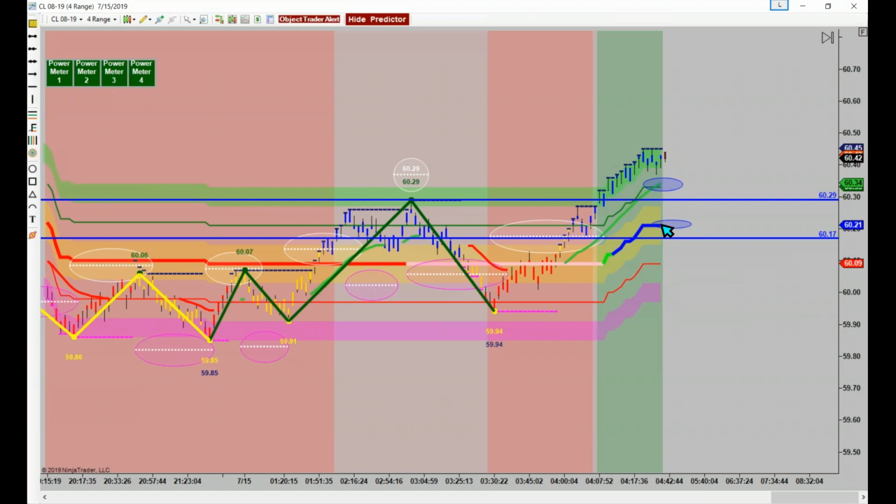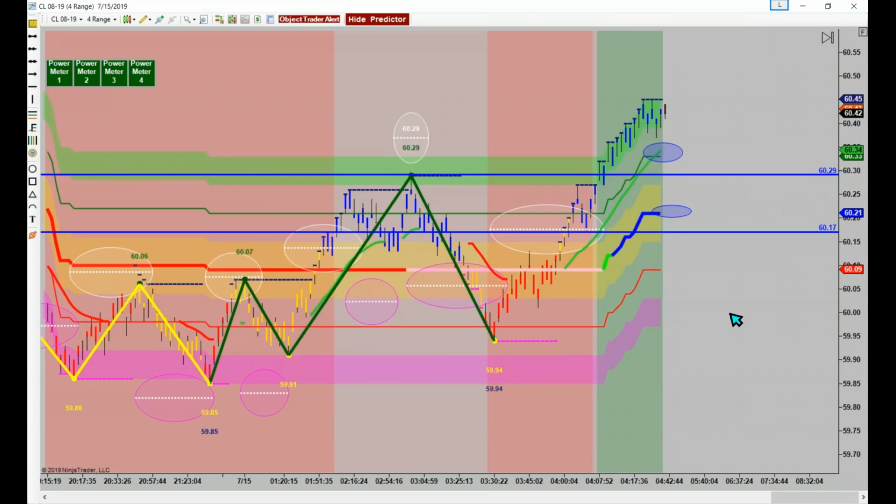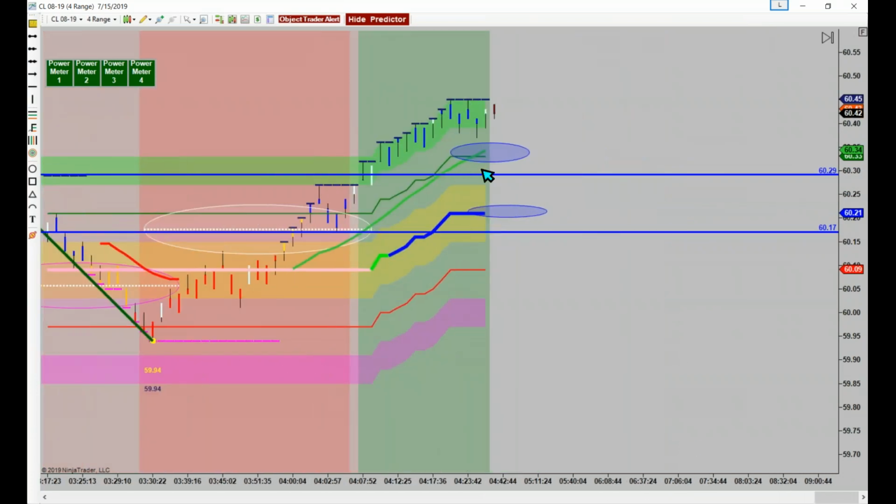For instance, if this comes down all the way into here and then bounces, you're going to probably get a pretty good trade, at least up into here and maybe higher. Where a minimum criteria trade, you're taking a little bit more chance because when it closes below line 6 and stealth, it's really only 12 ticks from that top. Maybe a little more since it would have to close below it.